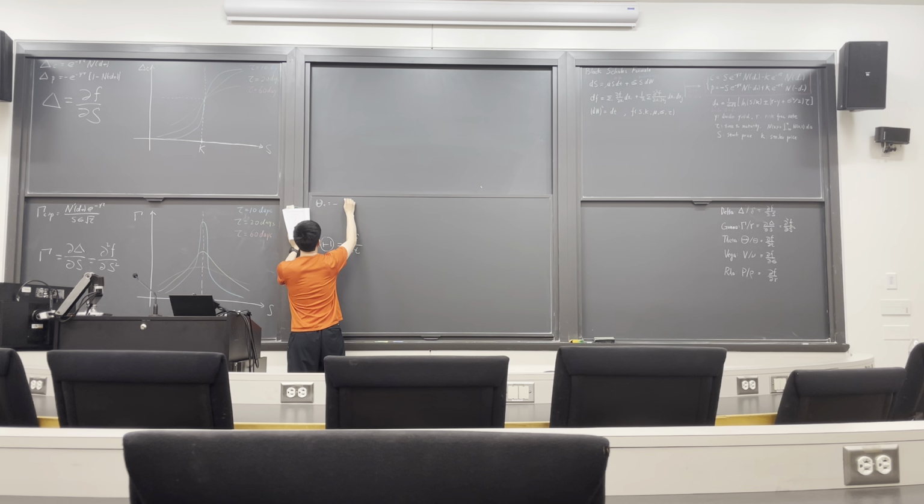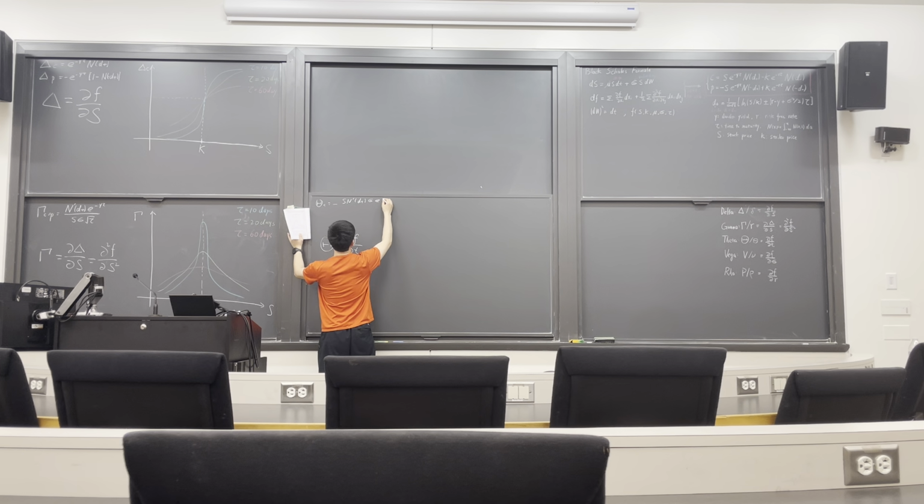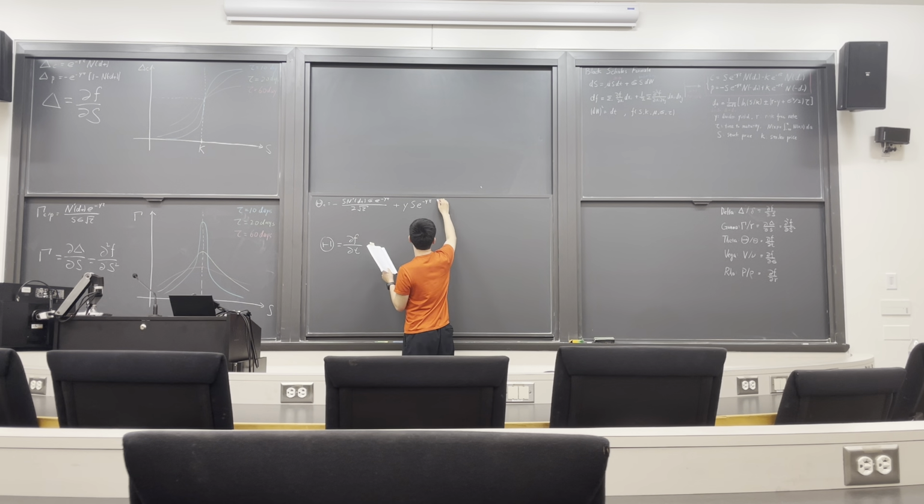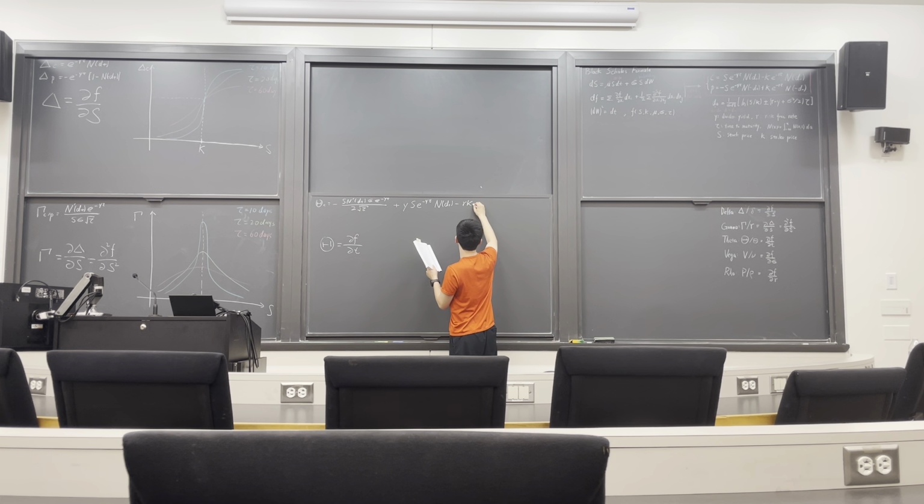Negative S n d plus sigma e to the negative y tau over 2 square root tau, plus y, minus d minus.